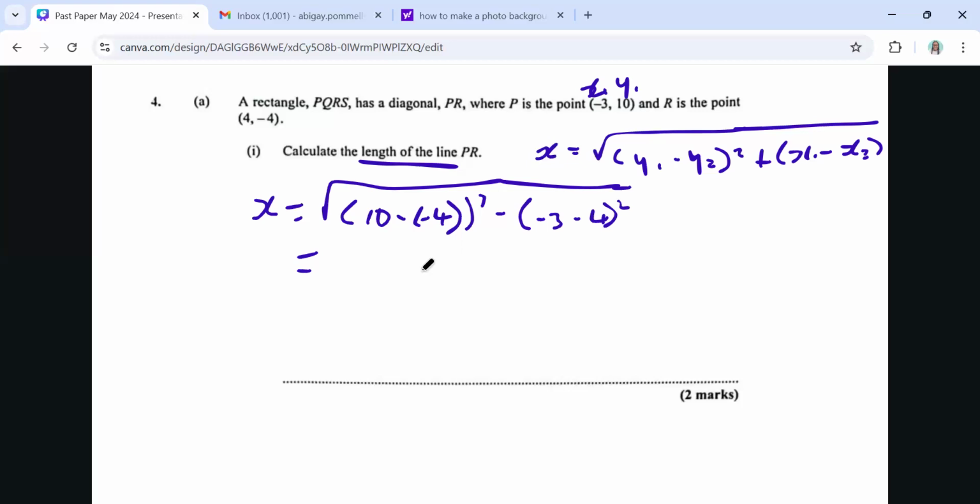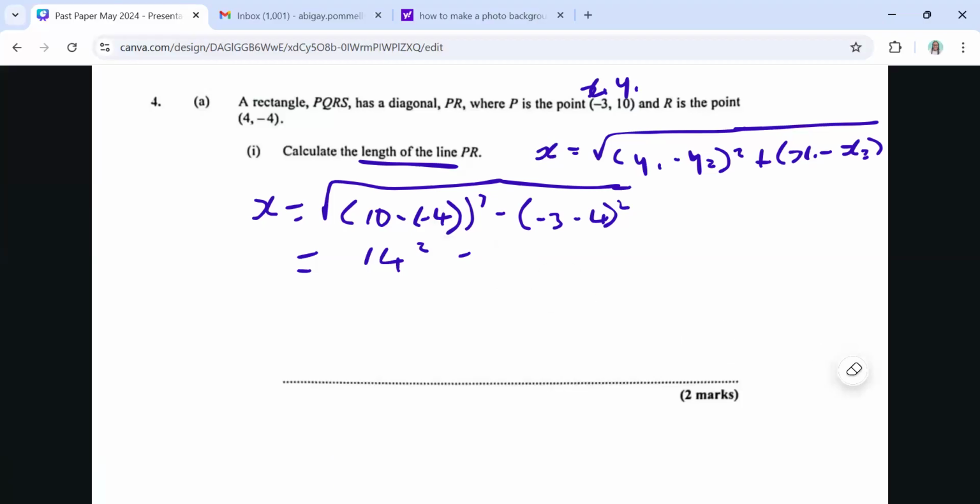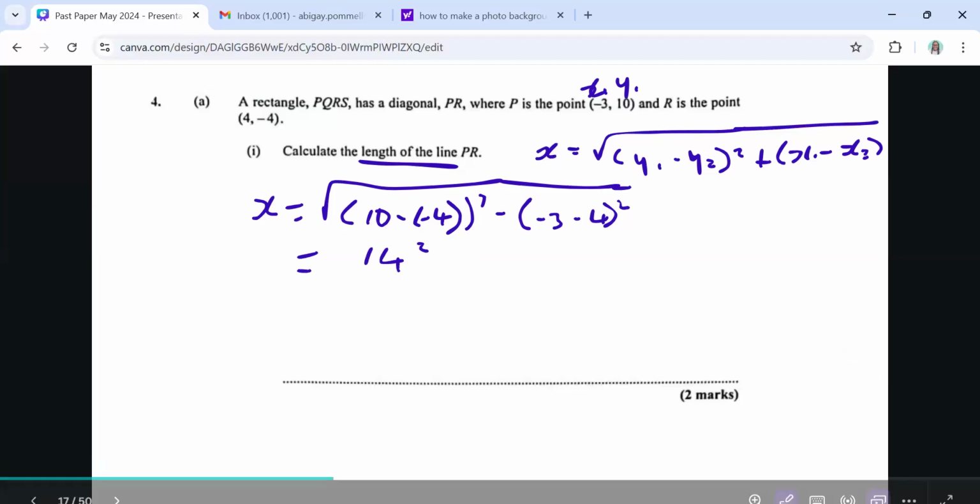All right, let's use our calculators or our mind. 10 minus -4 gives us 14 squared. -3 minus 4 will give us... no, wait, not 1. -7.